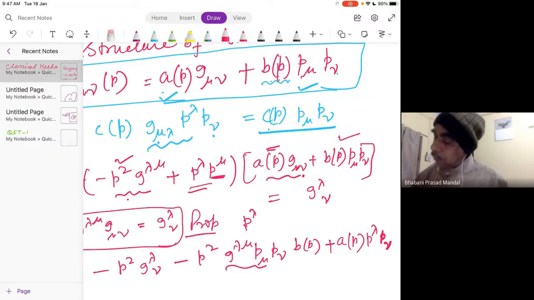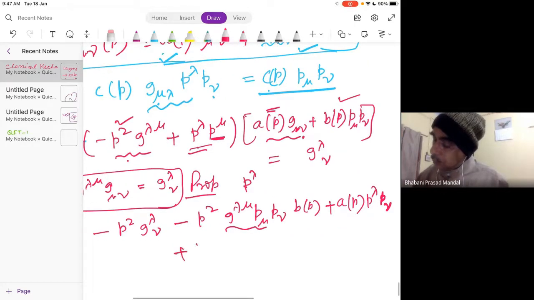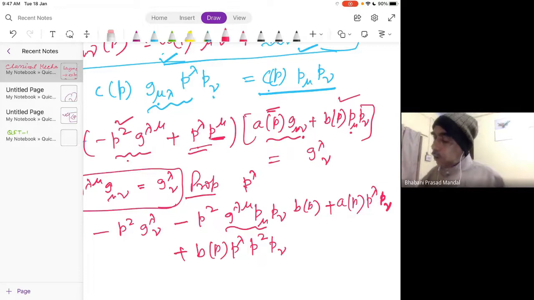Now finally, the second term here with the second term here. So plus b(p), p lambda as it is will be there, p mu contracted, so it will be p square and then p nu. Okay, these four terms. Now look at this term and this term.